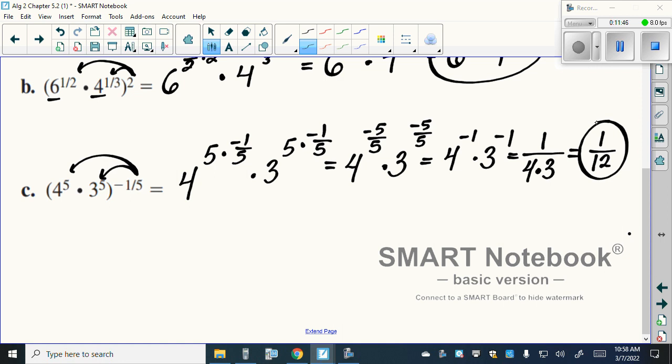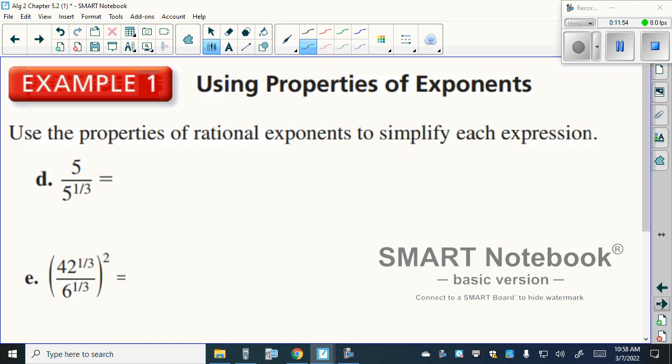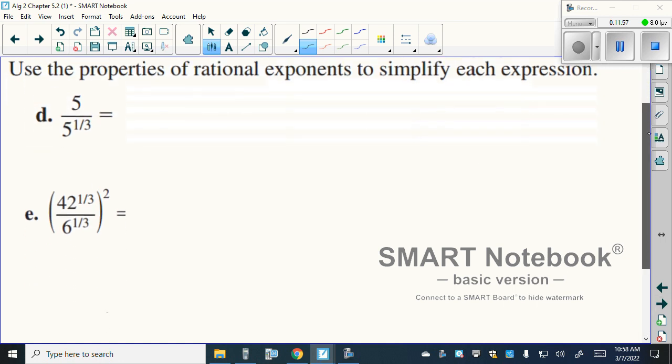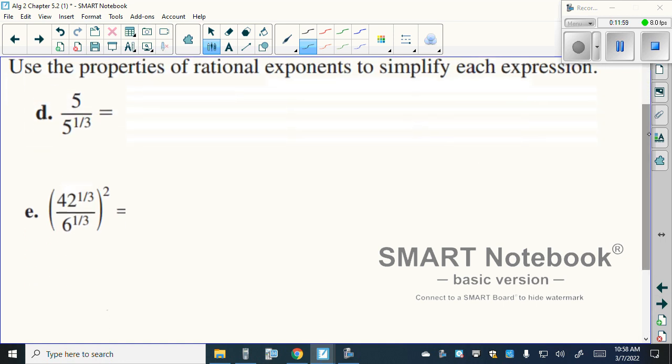Any questions on these here? If there are no questions on any of these, we want to look at D and E. Now when we look at D, we do have like bases being divided. Whenever we have like bases being divided, we can go on and subtract the exponents.